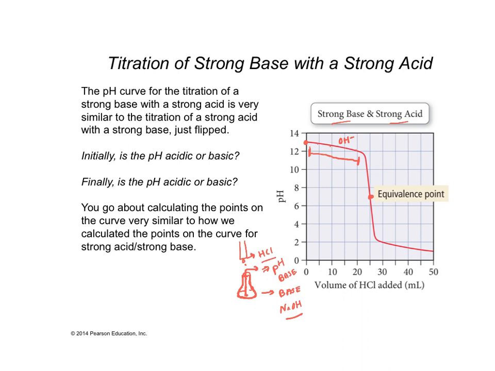The equivalence point again is the same, but once we move past the equivalence point in these types of titrations, we have H3O plus in excess, right? So with this strong base, strong acid titration, the titration curve is similar. It's just kind of the inverse of what we saw before. So we start basic, we go towards more acidic, and once we move past the equivalence point, we are now in this acidic region.